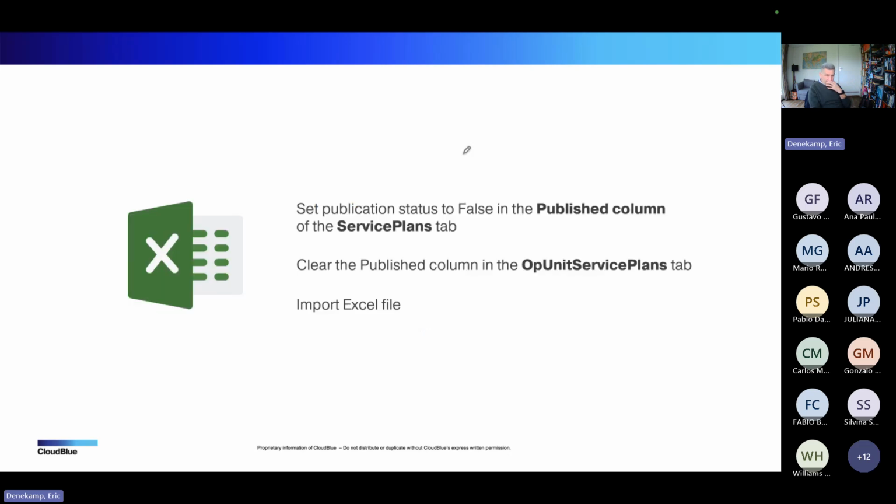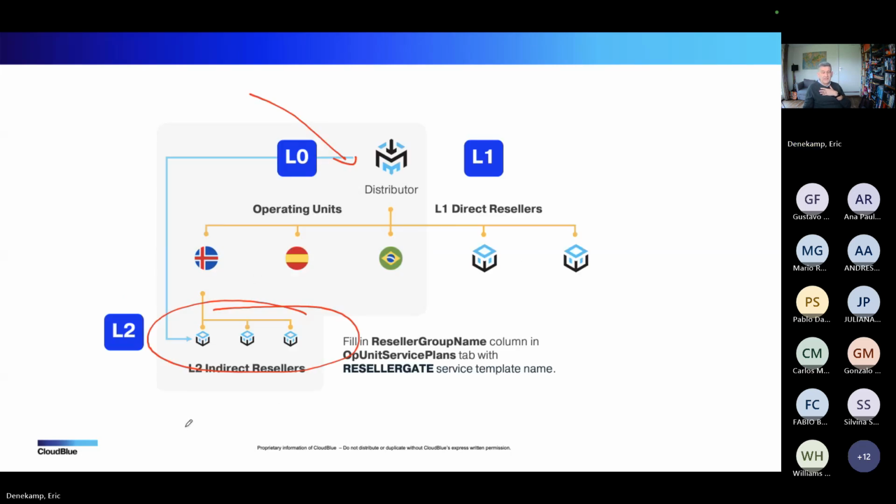Another option could be that you clear the published column in the op unit service plans, which takes care of this part. So if I want to stop selling in this case, I think it's Denmark, we clear the column in the op unit service plans tab, or we set the published to false there.